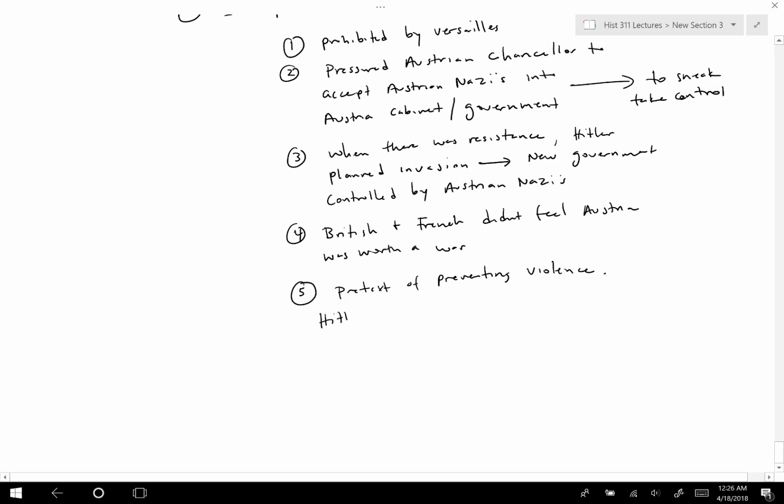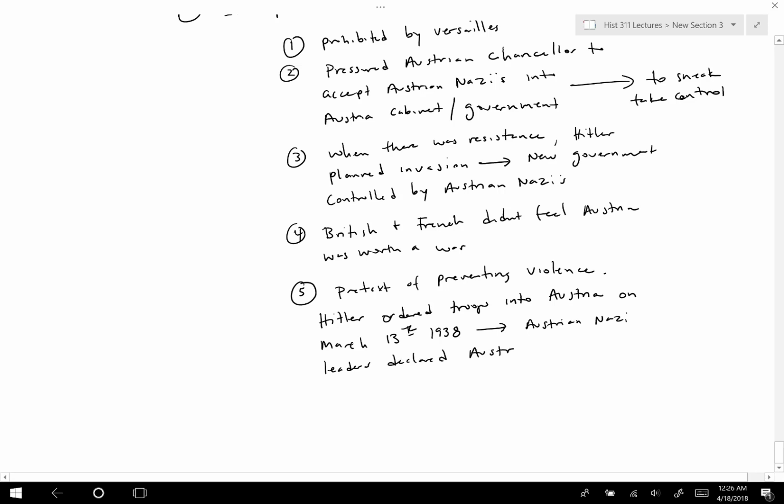Hitler ordered troops into Austria to prevent the violence on March 13th, 1938. And then the leaders that he'd put in place, the Austrian Nazi leaders, declared Austria a province of the German Reich.